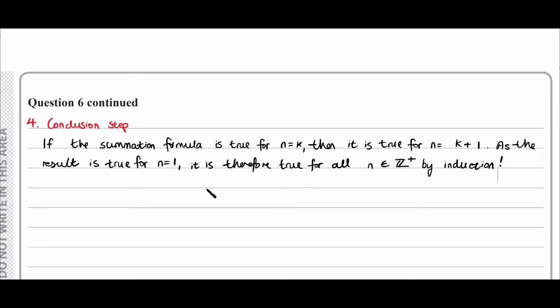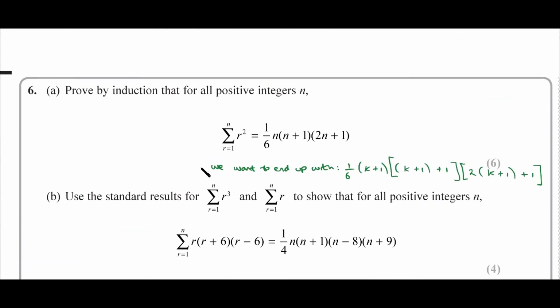So what we mean by this, we saw that the result was true for n equals 1, and if we increase n by an increment of 1, it's true for n equals 2, and then using this, n equals 3, n equals 4, etc. So therefore, this original statement is true.